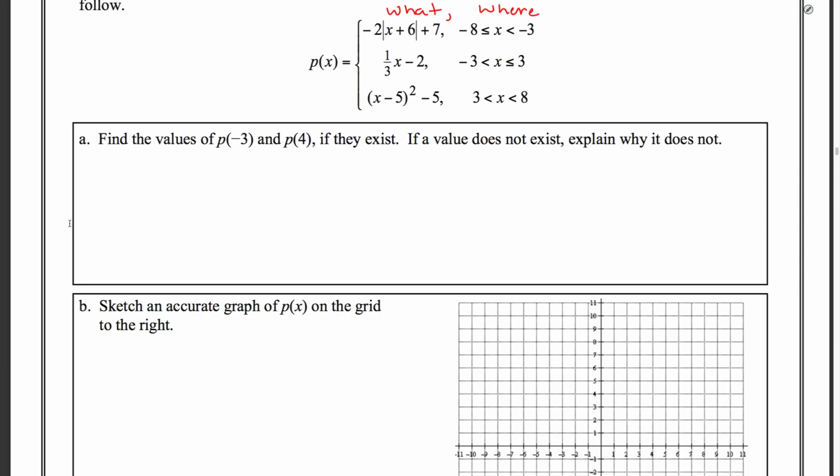So let's first look at the point. It says, what is p of -3? Now, what is the -3? Is that an x or a y? Because f of x equals y, right? Yes. So the -3 is the x value. The where is related to what kind of values?